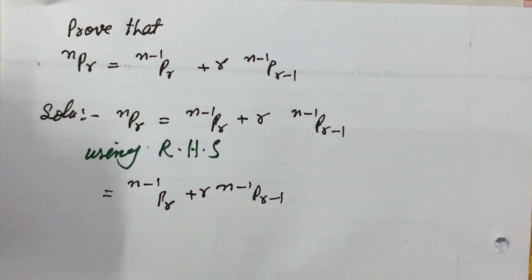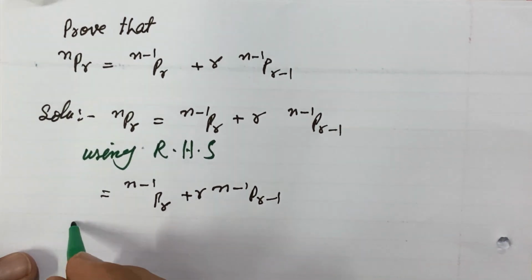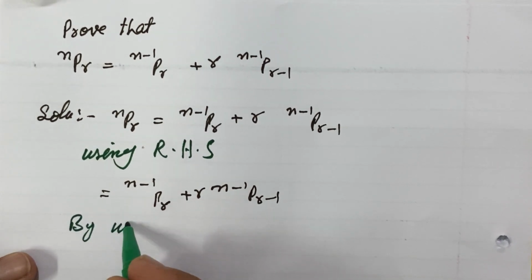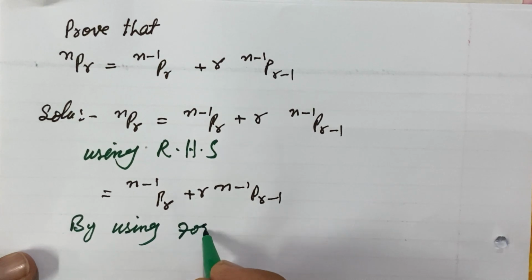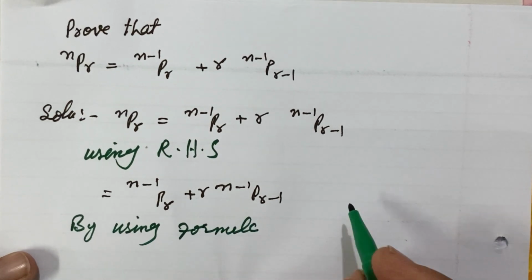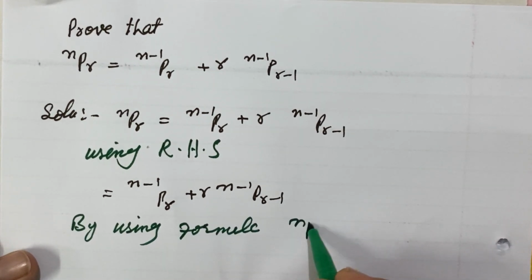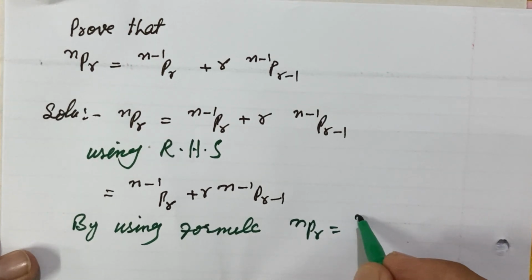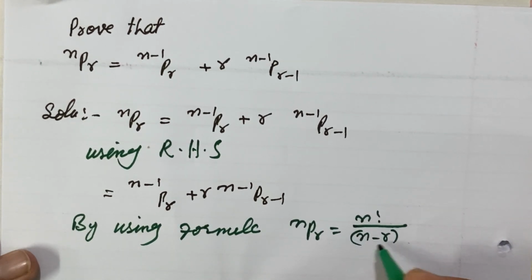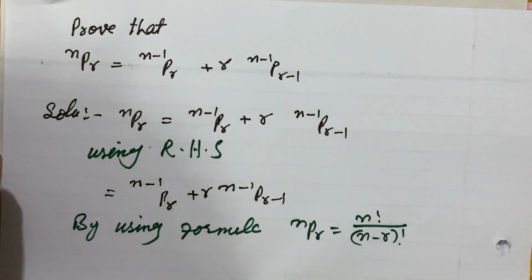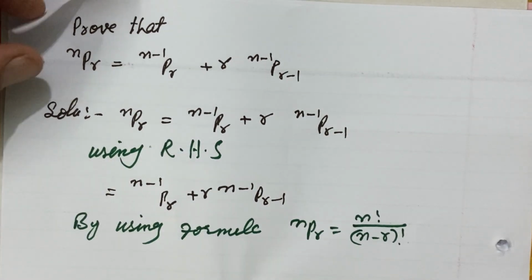Now by using the formula nPr is equal to n factorial over (n minus r) factorial. We will use this formula.